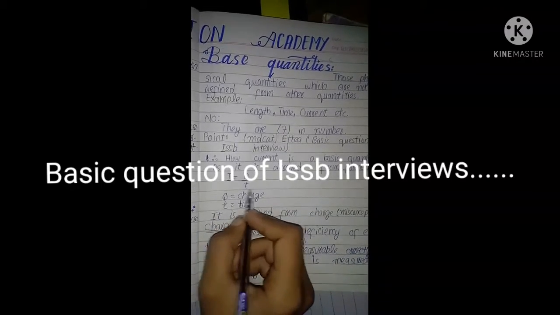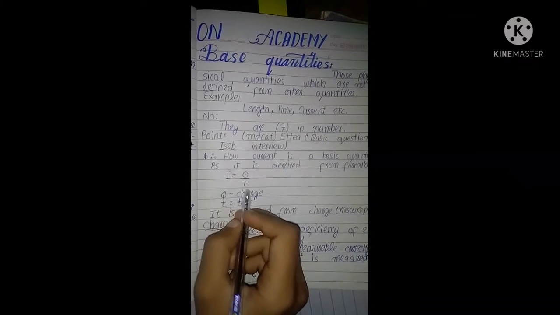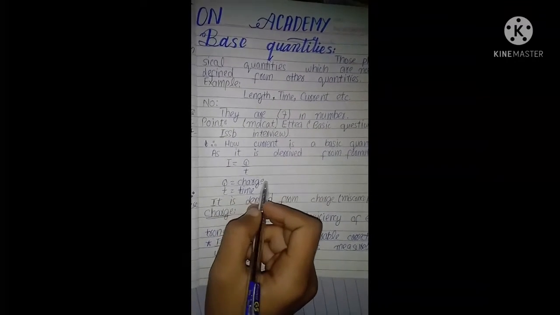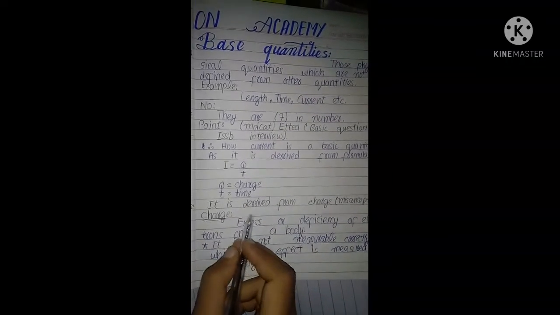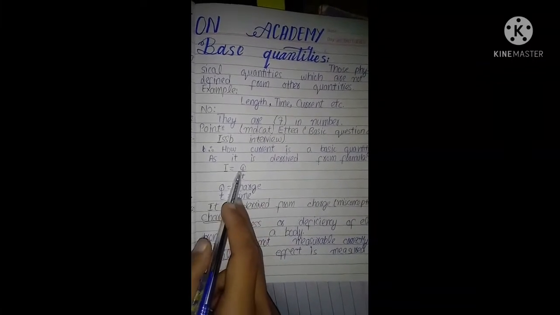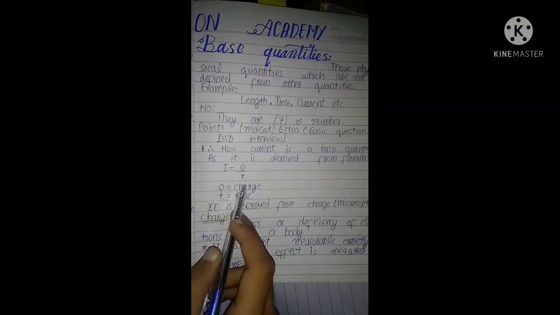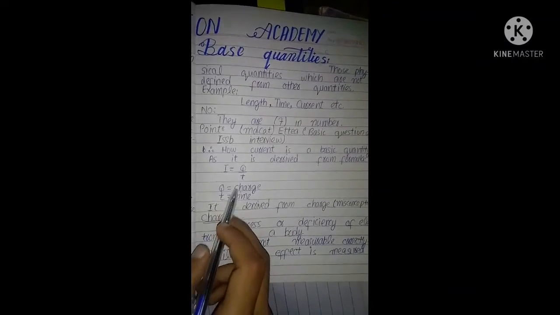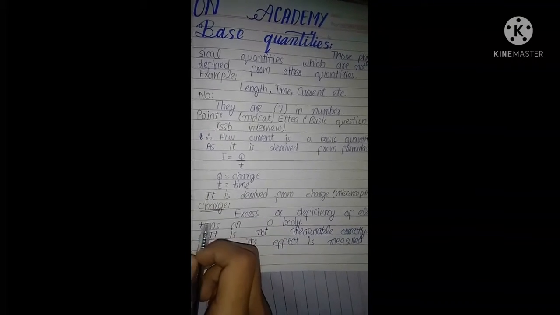Q, which means charge, is a property, meaning the excess or deficiency of electrons on a body is called charge.